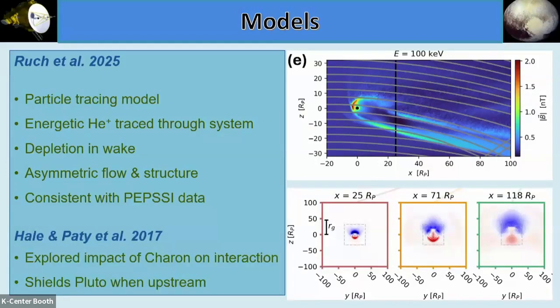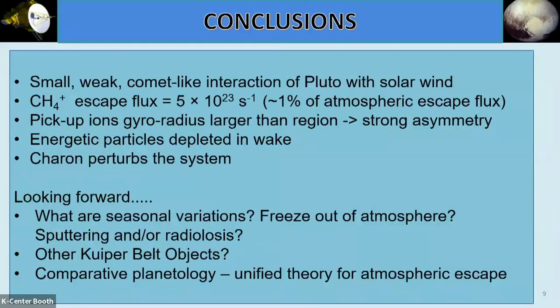Now, the last slide I want to show, first of all, is a list of my conclusions: that this is a small, weak, comet-like interaction of the solar wind with the escaping atmosphere, which becomes ionized, so methane escape flux.